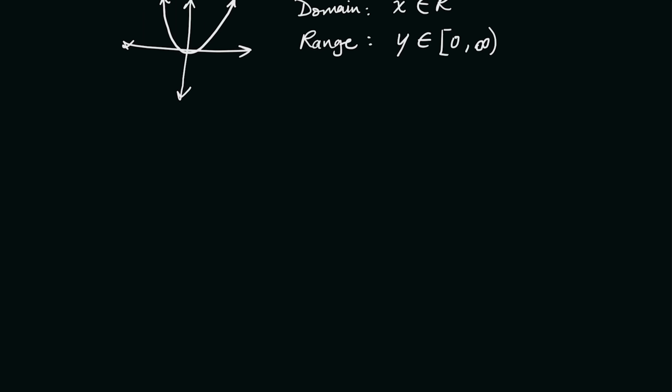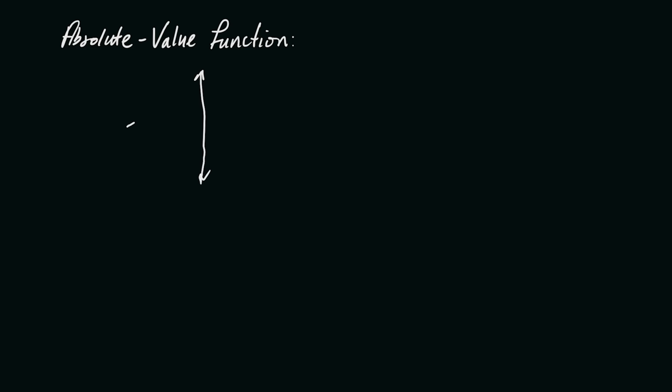Then our next function is called the absolute value function. Now our absolute value function looks a bit different from all the other functions that we have. The other functions are mainly just curves, but this has a corner here, so it looks like a V shape. The function is written as y equals the absolute value of x.